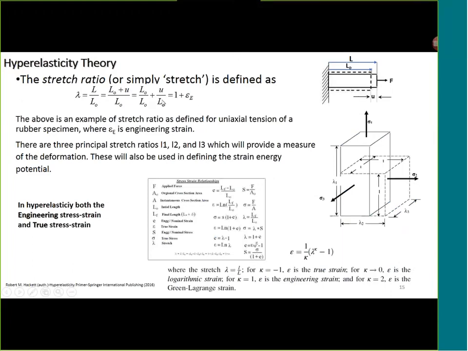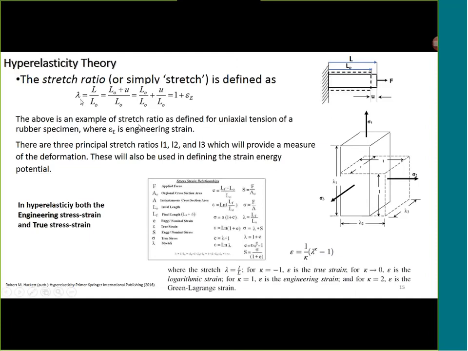In terms of a simple equation, the stretch ratio is nothing but 1 plus the engineering strain. When we are dealing with hyperelasticity, we often have to deal with terms like engineering stress strain curve and the true stress strain curve. So it is highly advisable to familiarize yourself with the relationship between the engineering stress strain curve and the true stress strain curve.